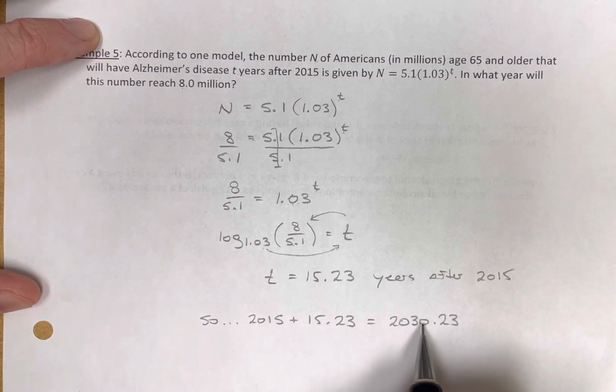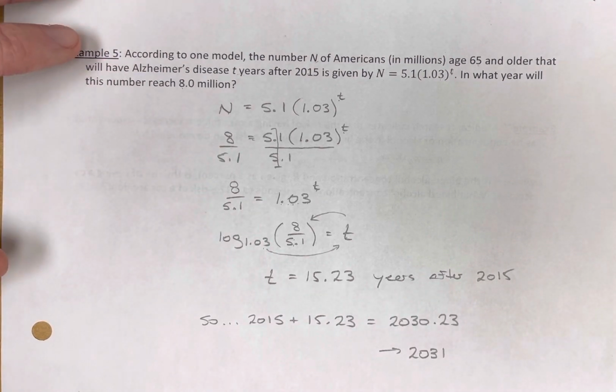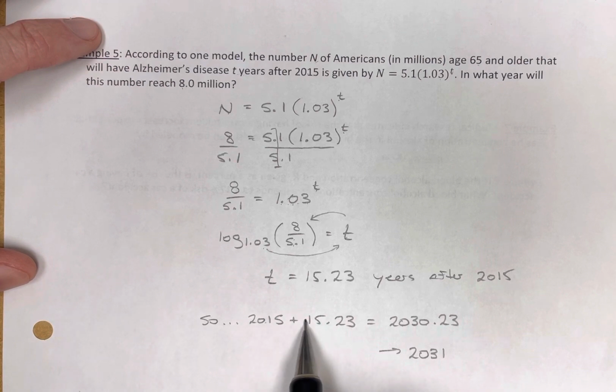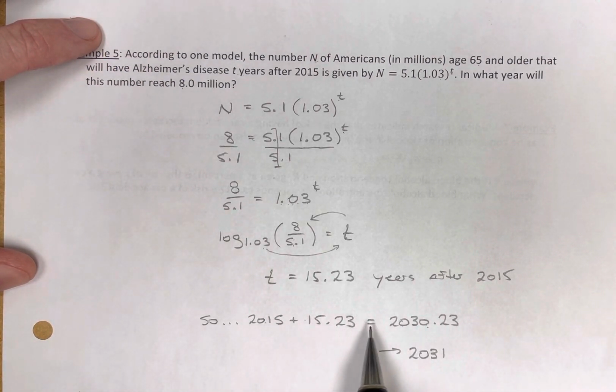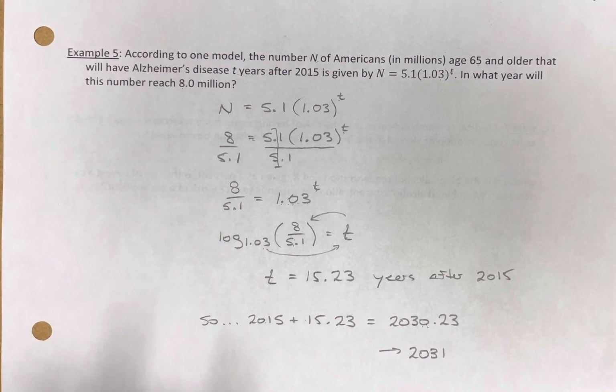So it's going to reach it after 2030 by a little bit. So the answer is it will reach it in 2031. It won't reach it in 15 years. It won't reach it in 2030. It'll reach it just past 2030. Well, the year just past 2030 is the year 2031.